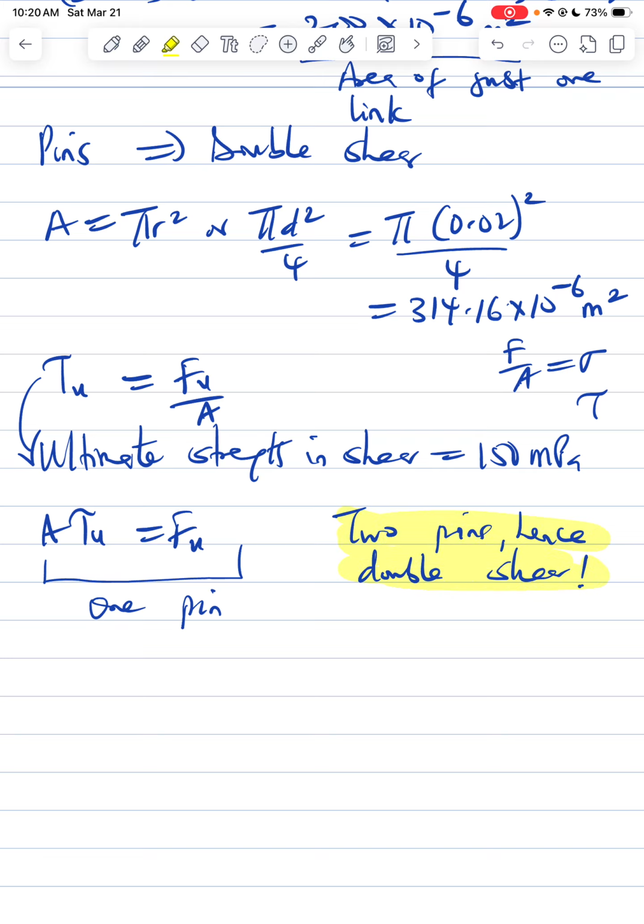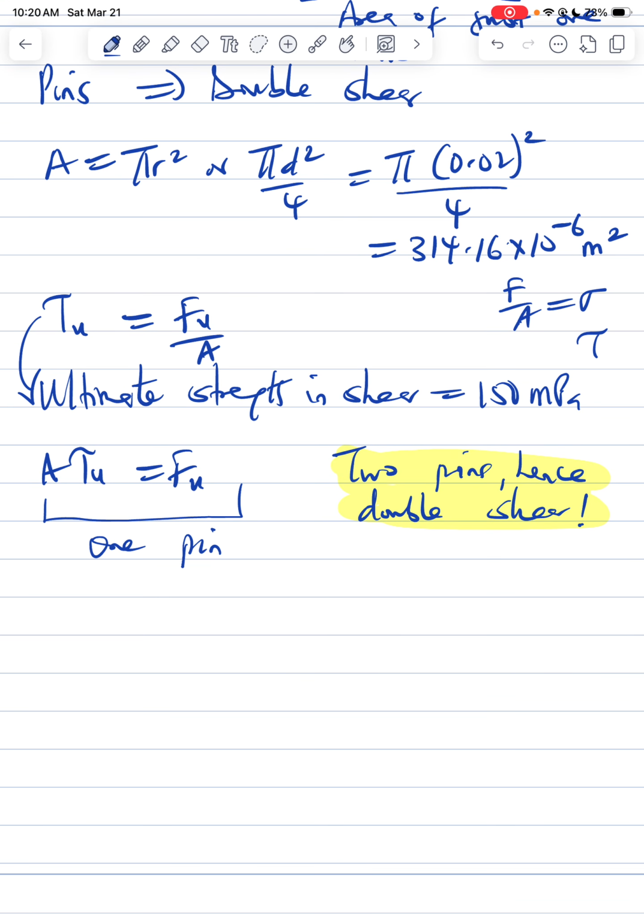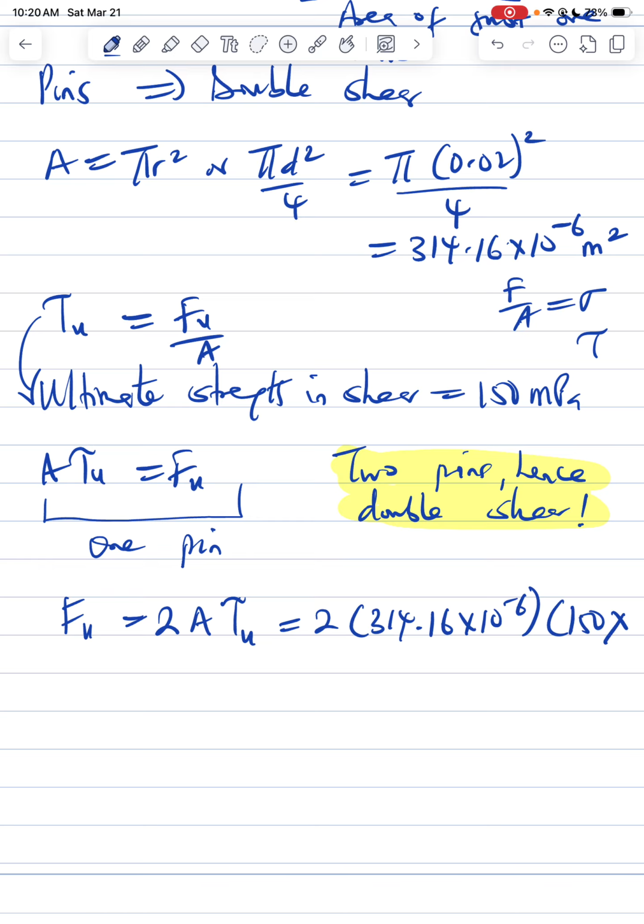Therefore, FU is equal to 2 A tau U. That is 2 multiplied by the area, 314.16 times 10 raised to the power minus 6, times the ultimate strength in shear, 150 times 10 raised to the power 6, because we've converted this unit to meters, and here it is in Pa.